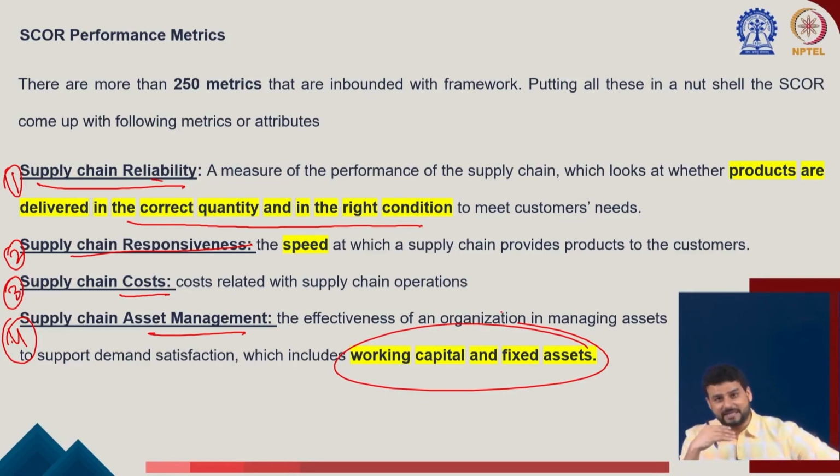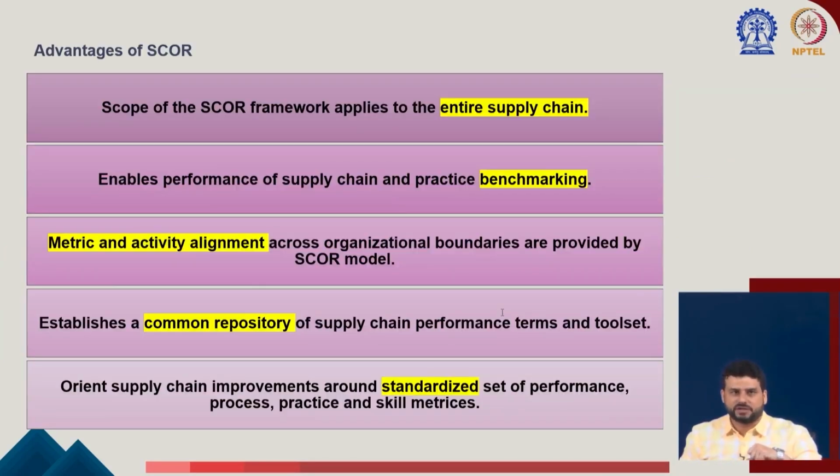How you can minimize the inventory is one example of how you can manage working capital, right. Then fixed assets, whether you need this much warehouse capacity or you are consuming extra capacity, maybe extra resources, then asset management is not done efficiently.